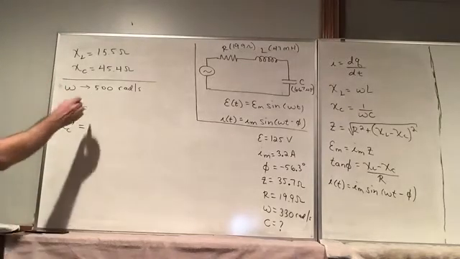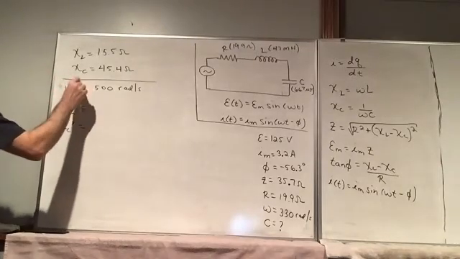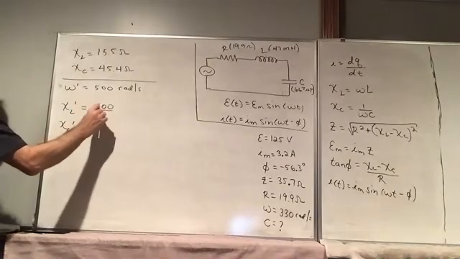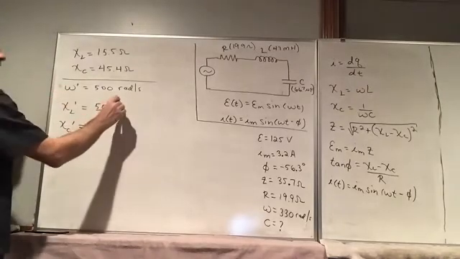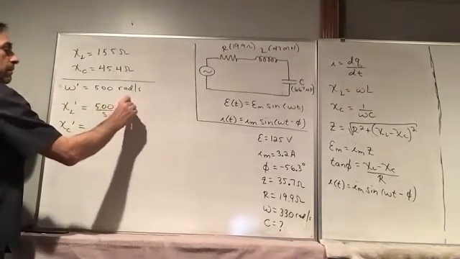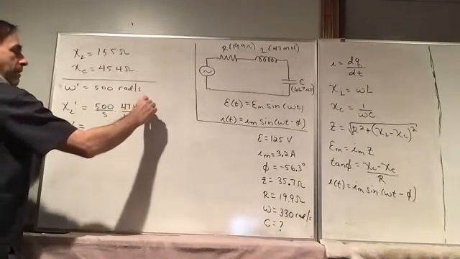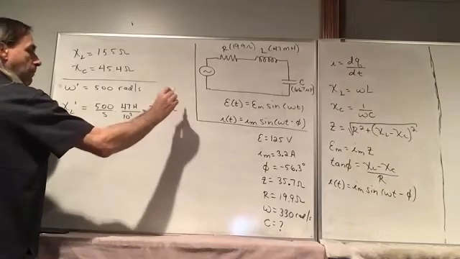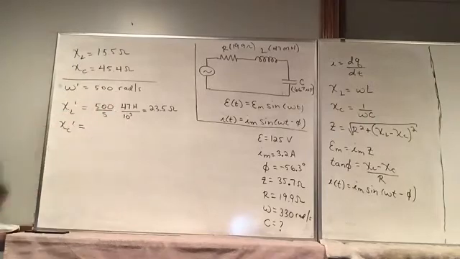Here we have, let's call this omega prime, 500 radians per second times 47 millihenries. So that's going to be 23.5 ohms. 500 over 1,000 is 1/2. Half of 47 is 23.5.